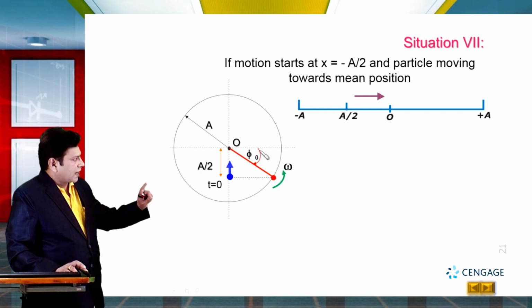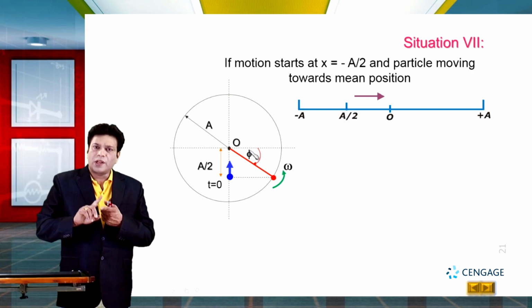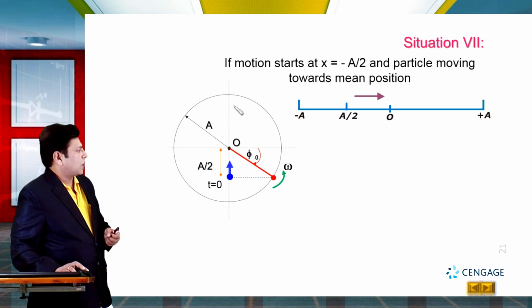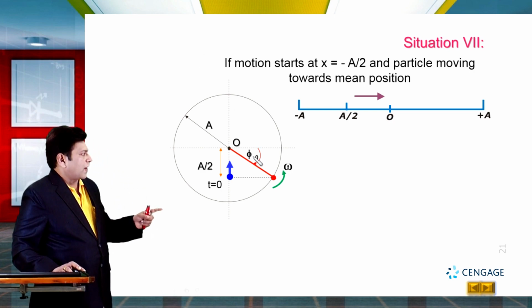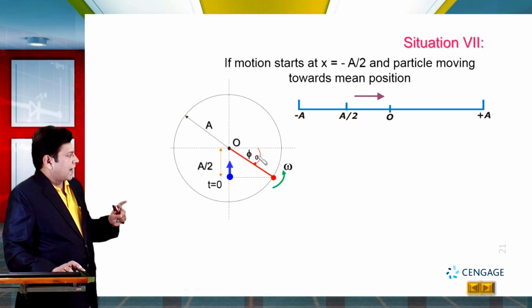If we measure the angle in this direction or in this sense, we should substitute the negative sign. So here we can substitute phi naught with the negative sign. Okay, you know this dotted line and this line are parallel, and this angle is phi naught. That means this angle should also be phi naught.